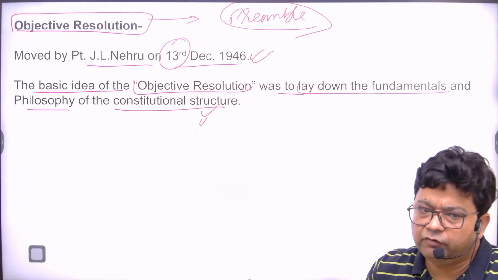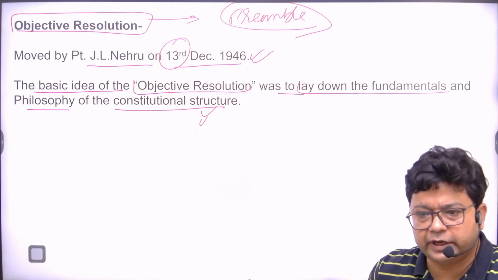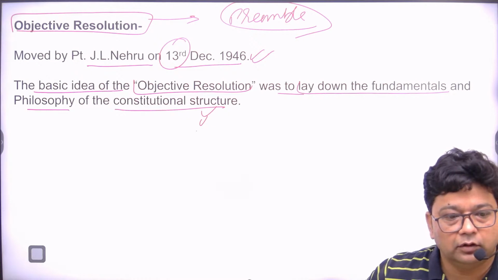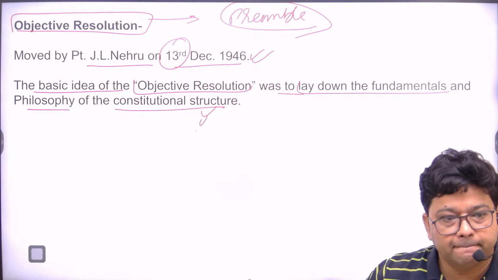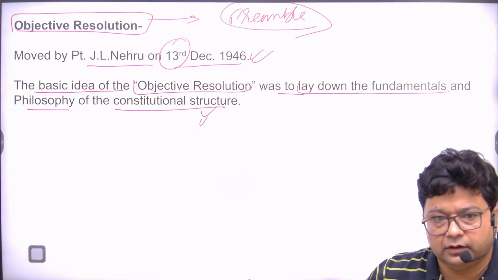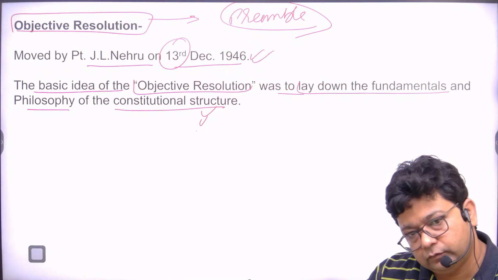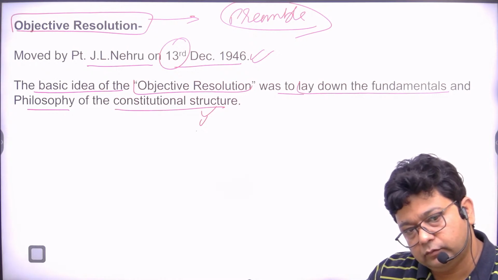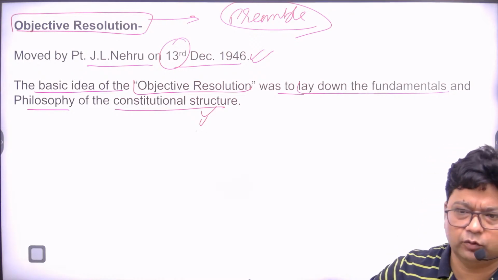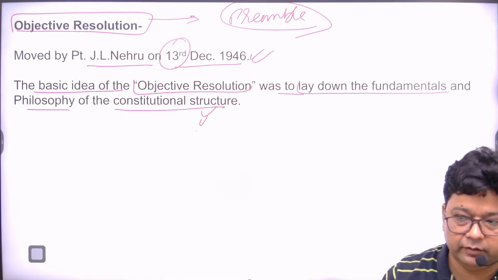ठीक है. Can anyone help me understand this point? What does this point mean to say? What you have written, the second point. It is talking about the direct elections. Yeah, but what exactly does it mean? So put a hyphen and write: advocating democracy.